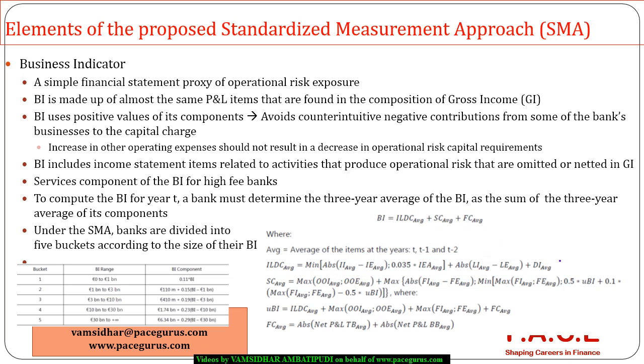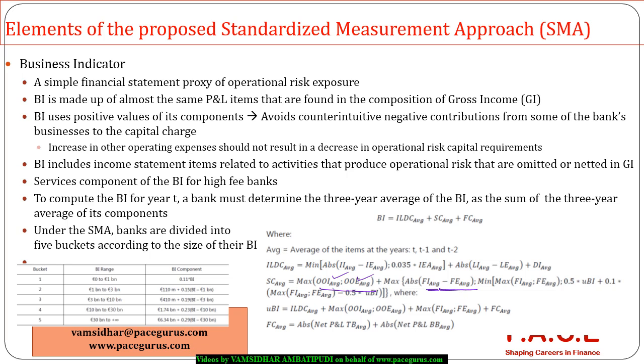Similarly, when I am looking at my service component, there are 2-3 components out here. I'm looking at other operating income and other operating expenses. So whichever is the higher, that is one part. And in the second part, I am looking at fee income, so fee income minus the fee expense. That's one part.